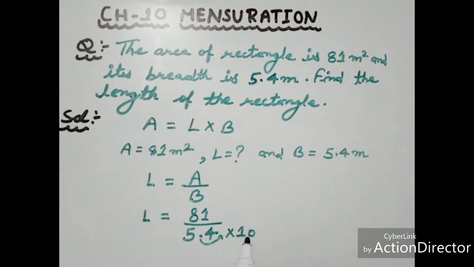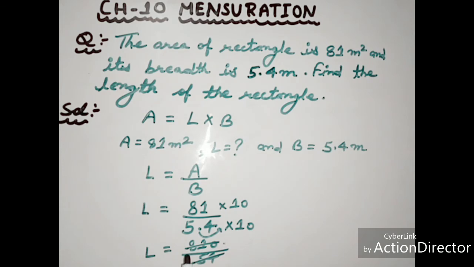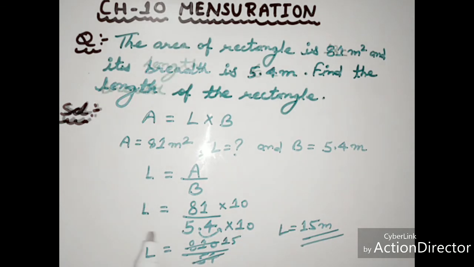The denominator and numerator are both multiplied by 10, so we get L equal to 810 upon 54. Here 810 divided by 54 is 15 times. So we get L equal to 15 meter. So the value of length is 15 meter.